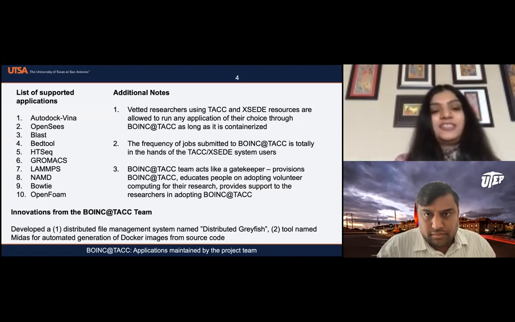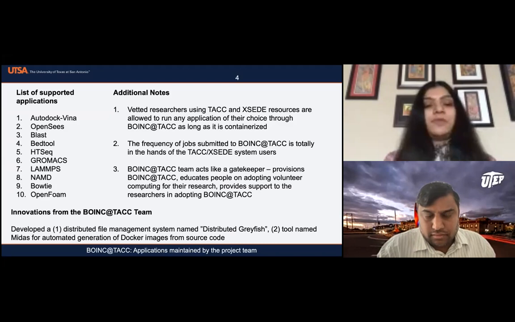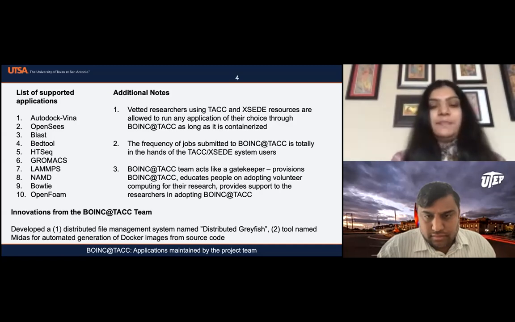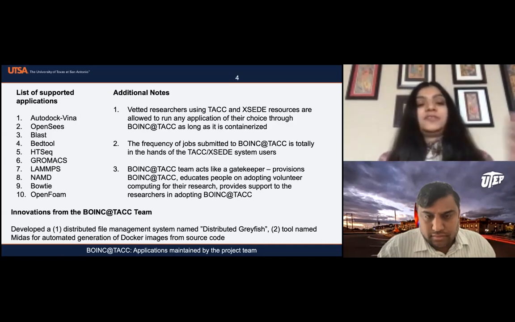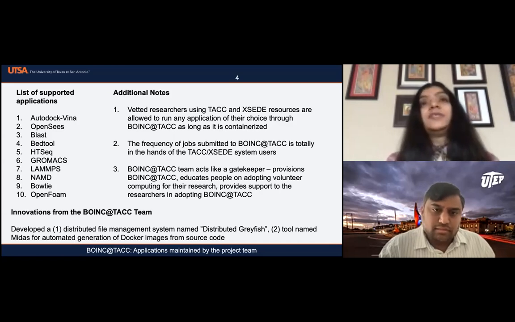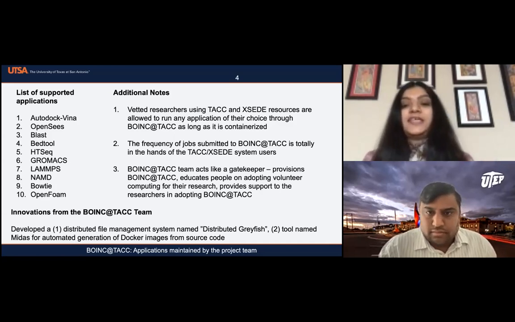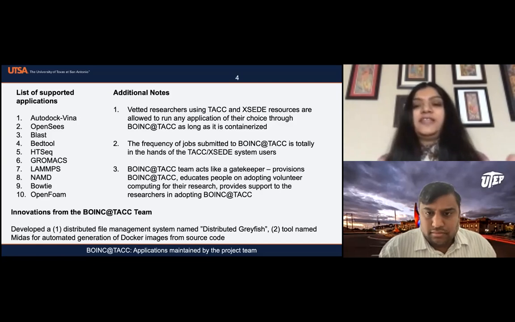Then we have BLAST, VecTools, HTC. These are all computational biology related applications. Then GROMACS, LAMMPS, NAMD, which are molecular dynamics applications. And BOTI, again a computational biology application, and OpenFOAM, which is a finite element application. In addition to these supported applications, researchers who are vetted at TACC and XSEDE are allowed to run any applications that they would like to run.